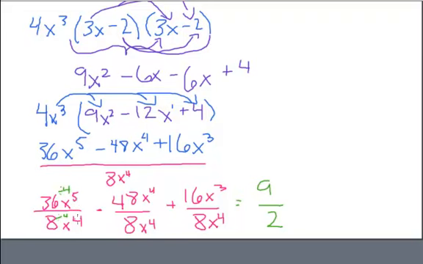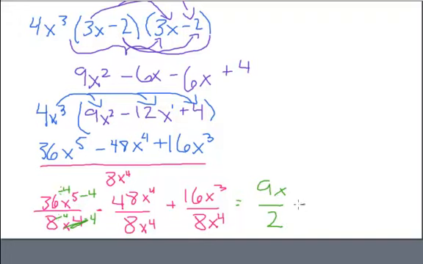Now I'm dividing the variables. When you divide variables, you have to subtract the lowest exponent. The lowest exponent between 5 and 4 is 4. So that's why I'm subtracting 4 from both the top and bottom. This crosses out the x in the bottom, and I'm left with just x to the 1, or just x on top. Okay, so that's good.